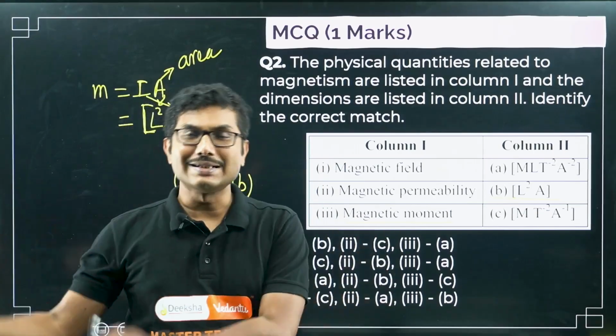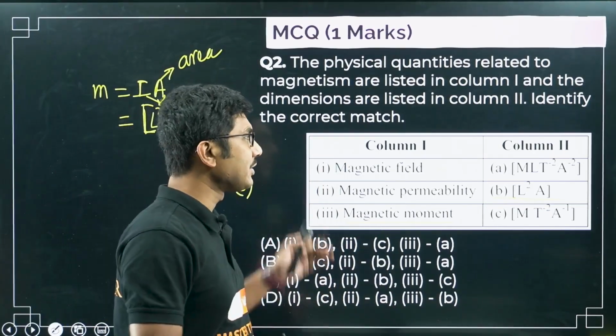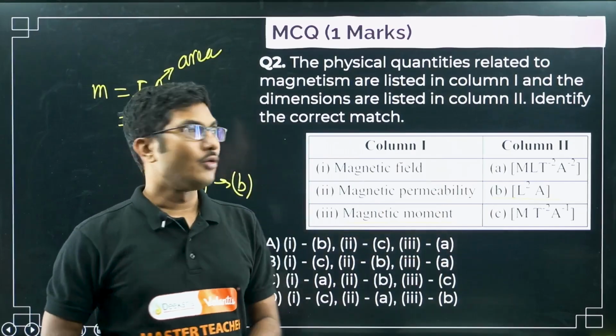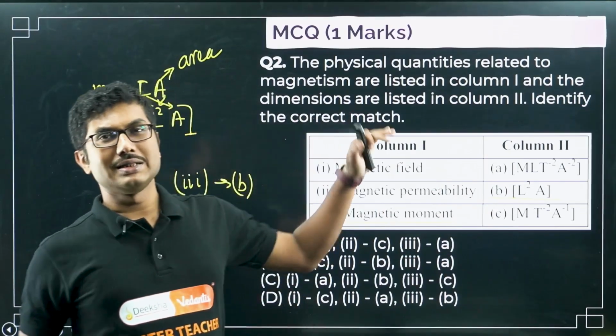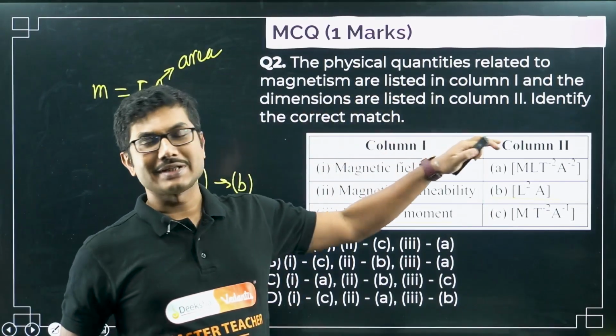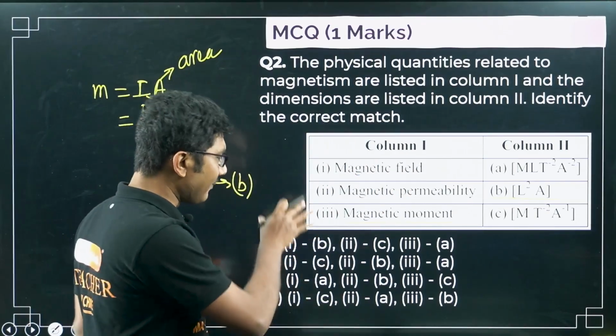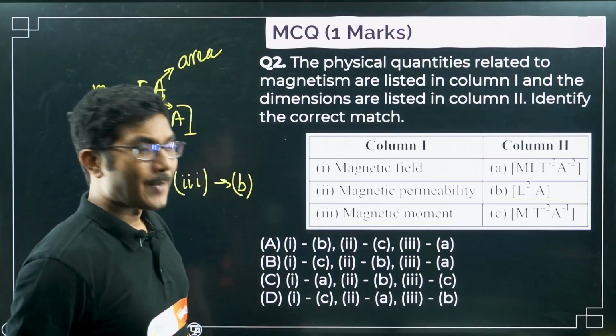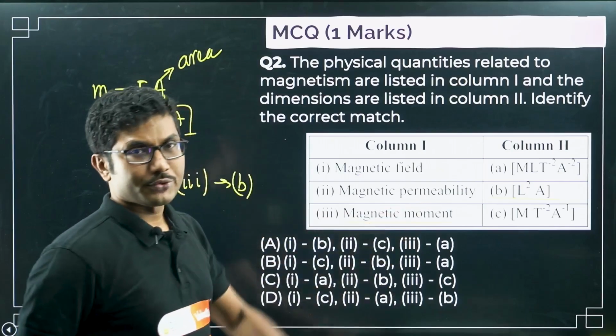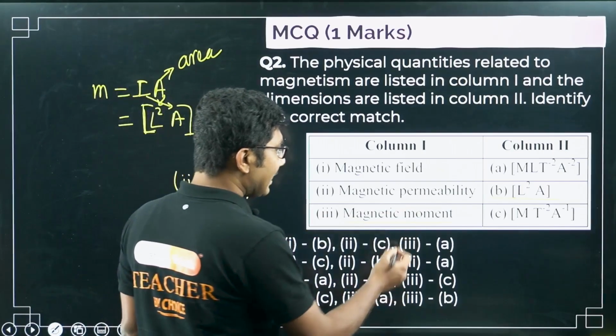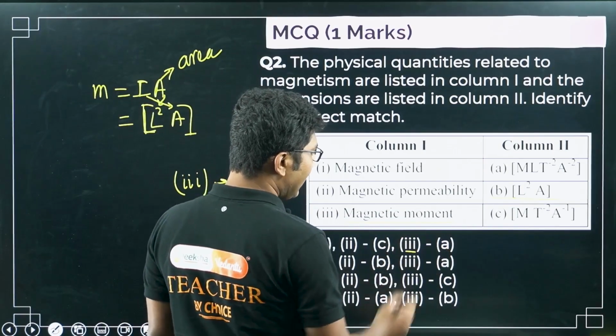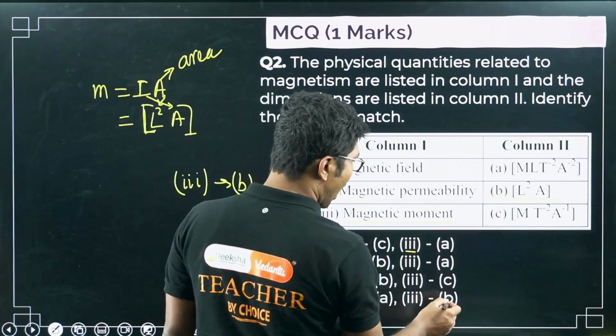They will give you any such combinations, and whatever you remember, try to find: okay, this one I remember, this one's dimension is this. Now check the options to see if any one of them actually matches. As you can see, option 3 matches with B only once.